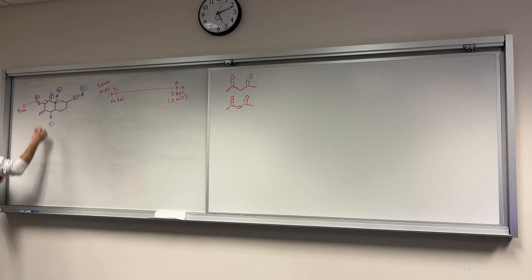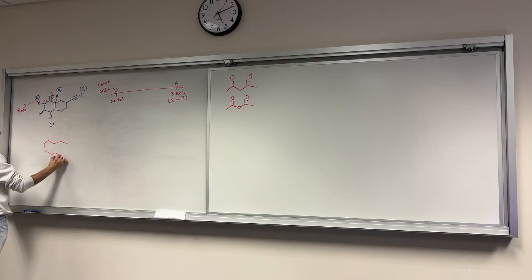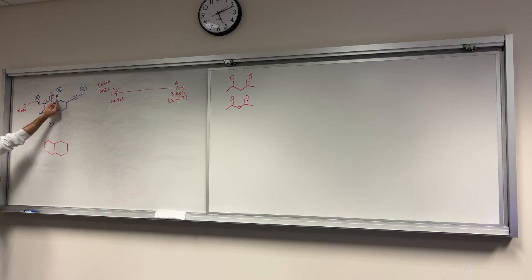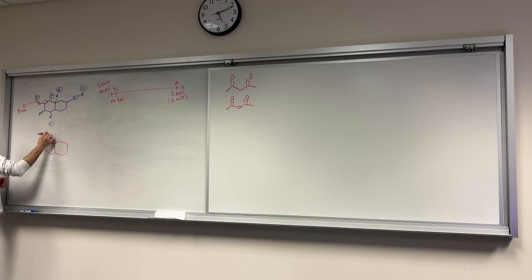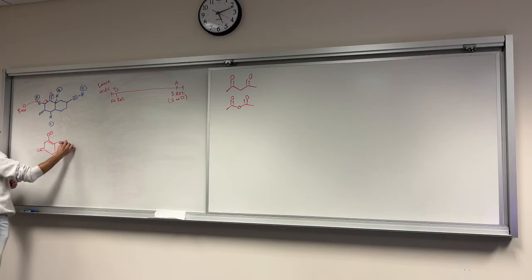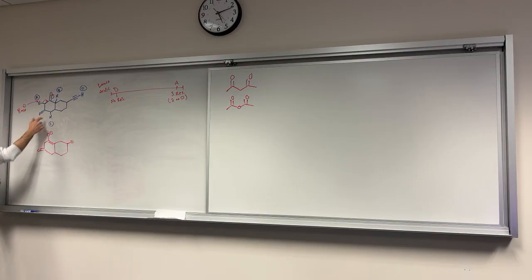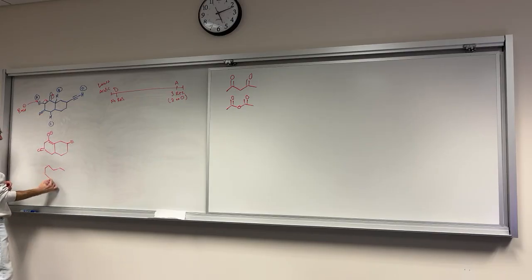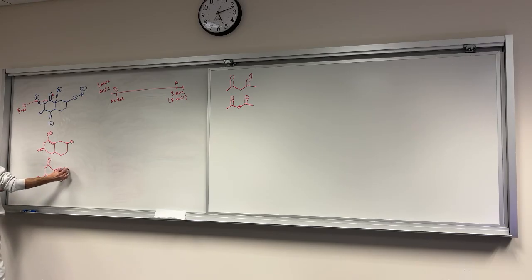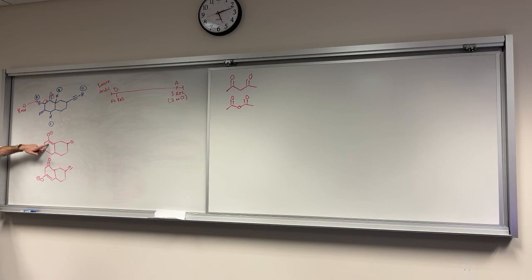When this hydrogen gets deprotonated, the carbon will form a double bond with the carbonyl carbon and share the negative charge up to the oxygen. When hydrogen C gets deprotonated, it also creates that alpha to carbonyl pi bond, puts the negative charge on O. There's the alkene.